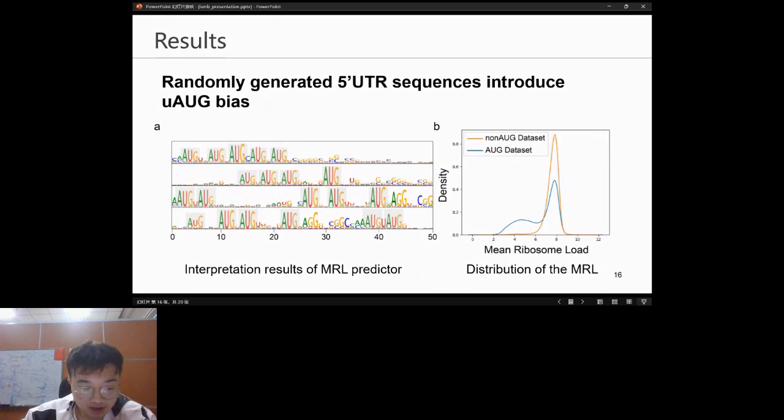The right figure shows the probability distribution curve of the MRL on the original dataset and the AUG-free dataset. The left peak of the blue line corresponds to sequences containing AUG motifs. As expected, the left peak disappeared in the distribution curve of the MRL on the UAUG-free dataset, which suggests that the AUG is a significant factor influencing MRL. Therefore, UAUG is a dataset bias that we should remove before training.